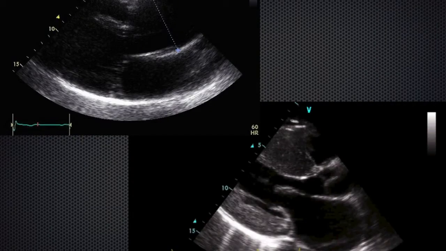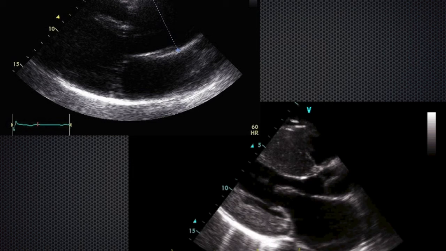Okay, let's have a look at these images. So they're both parasternal long axis views, but they're just still images, so they're not moving. We can see at the top left, this is a very dilated aortic root, and this is a patient who had a proximal aortic aneurysm that was affecting the aortic root.